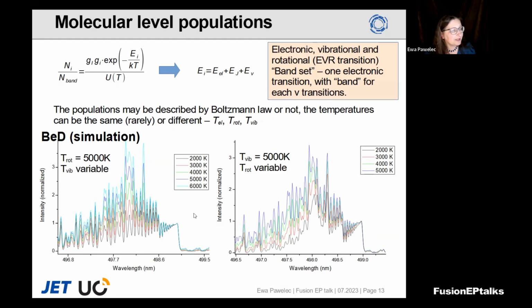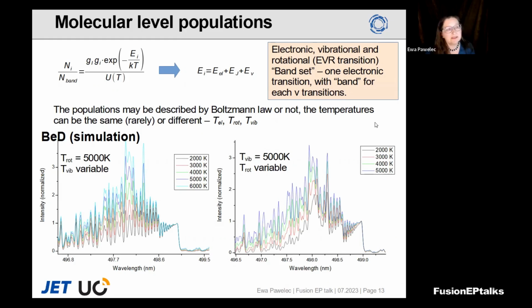You can see here that if you change the vibrational or the rotational temperature, the shape of such a spectrum changes, and very much. So by measuring such a spectrum, you can fit it and get the temperature of a certain subsystem out of that. And then it can go to the modeling, to our understanding of all of that, and so on.